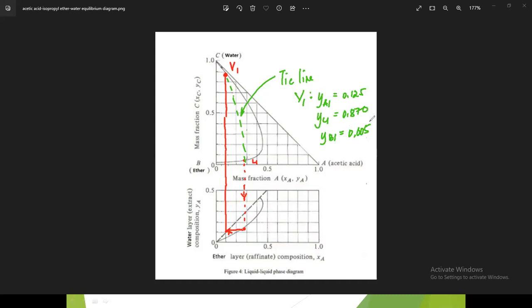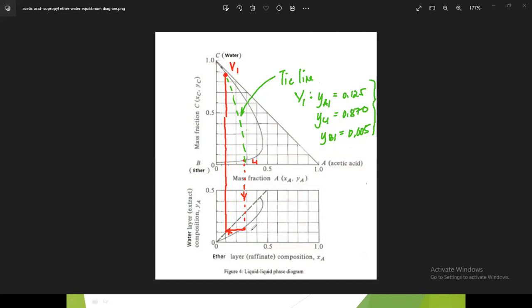You need these compositions. That way you'll be able to know the composition of the feed, because the problem is asking for the composition of the extract layer, which is already this. This is already the composition of the extract layer. Now we're going to find the composition of the feed by simple component balance.